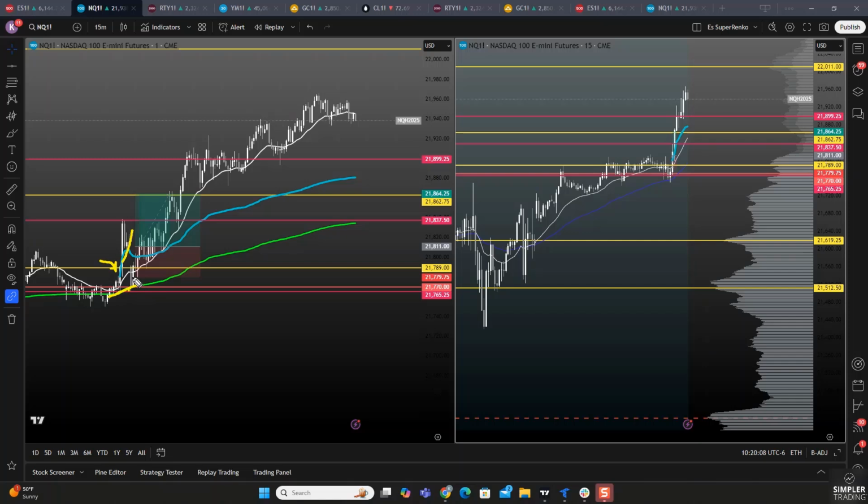It came here, and I waited, and then we got this candle here. That triggered me to get long. I waited for a little bit of dip and got long at 811. Then price rallied up to this spot right here, and that's where I decided to close.